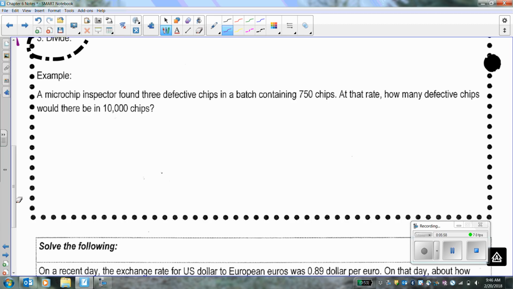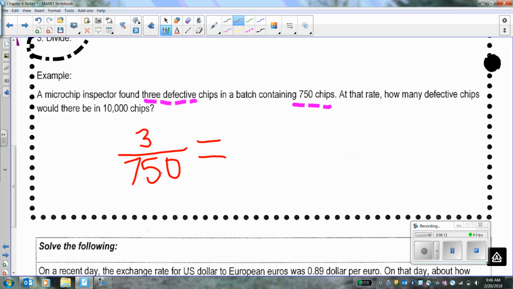So your first ratio, you have 3 defective to 750 chips. And we're going to find how many defective chips there would be in 10,000 chips. So basically we don't know the defective, which is on top, but we do know there's a total of 10,000.